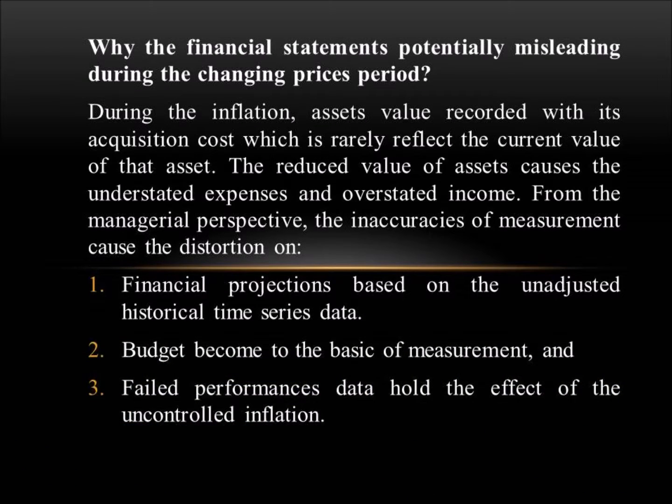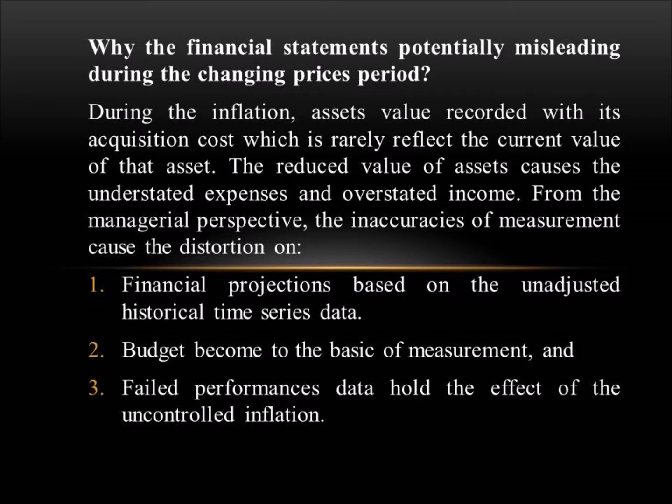Why are the financial statements potentially misleading during the changing price period? During inflation, assets are recorded at their acquisition cost, which does not really reflect the current value of that asset. The reduced value of assets causes understated expenses and overstated income.